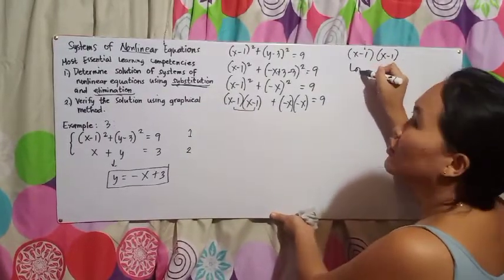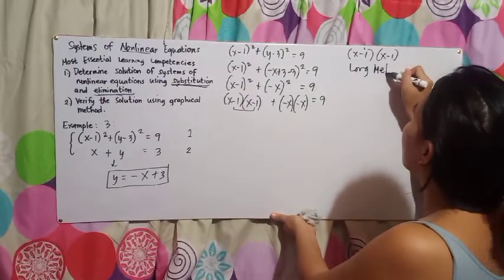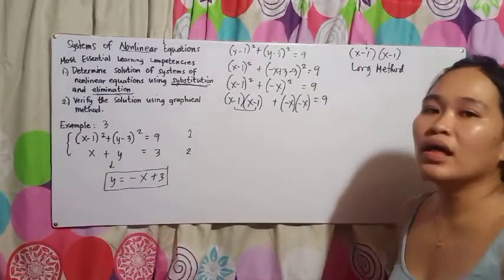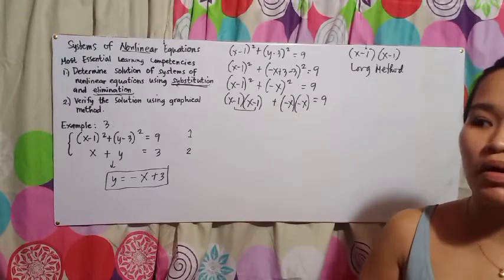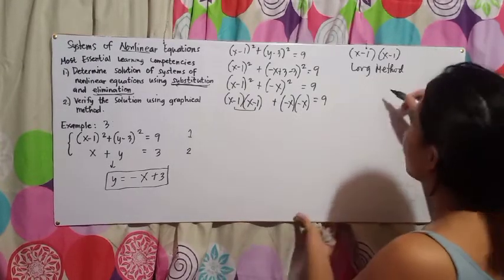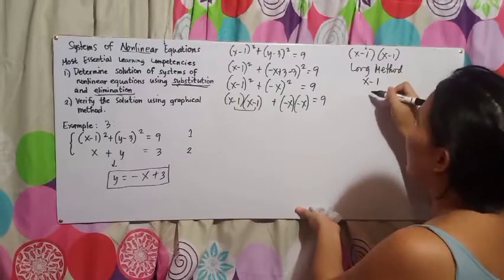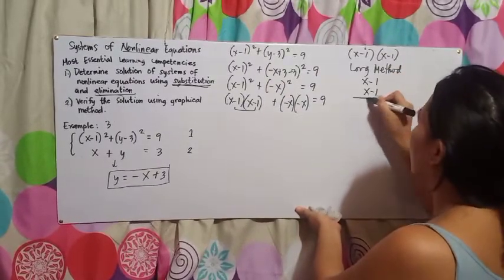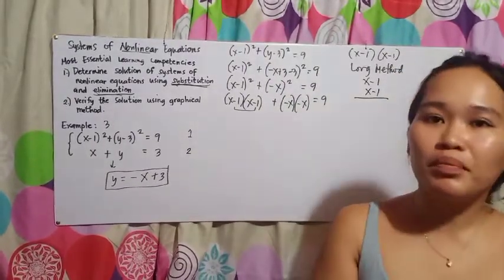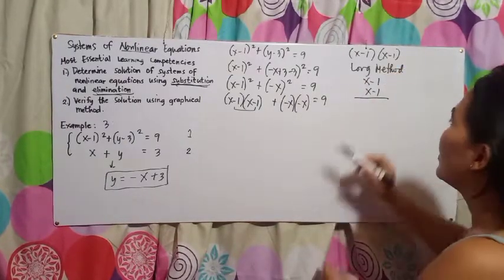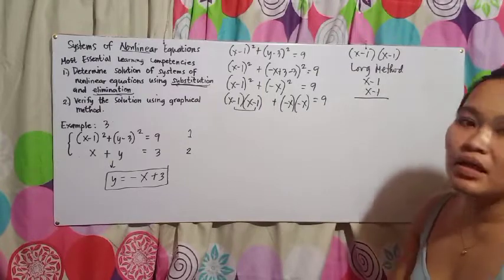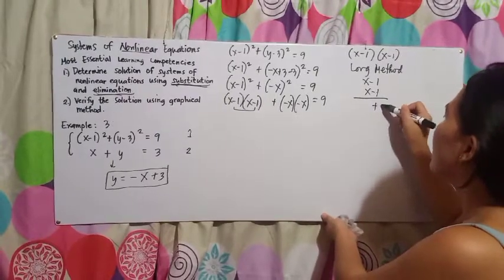In the long method, it is just like multiplying numbers. The process is the same as multiplying numbers. So, x minus 1, x minus 1. When multiplying numbers, you multiply each digit. It is the same. So, negative 1 times negative 1 is positive 1.